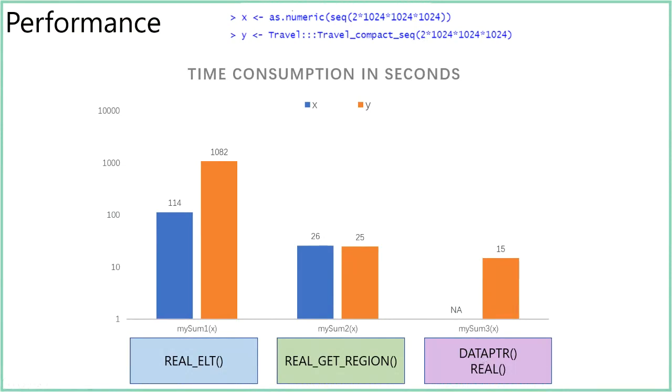Hopefully the answer is no, but I encourage you to take a look. Okay, thanks. Yeah, I know that package. That's also my introduction package for ALTREP. I learned a lot from its code.